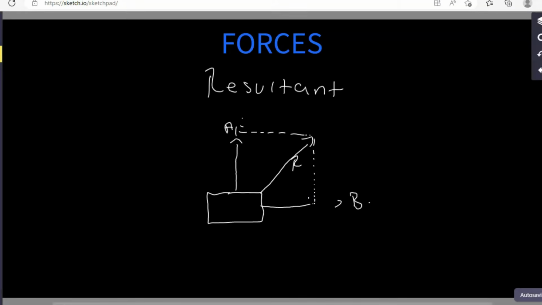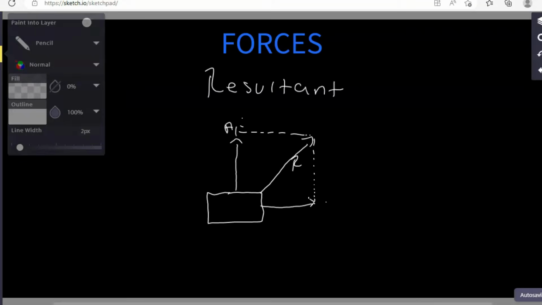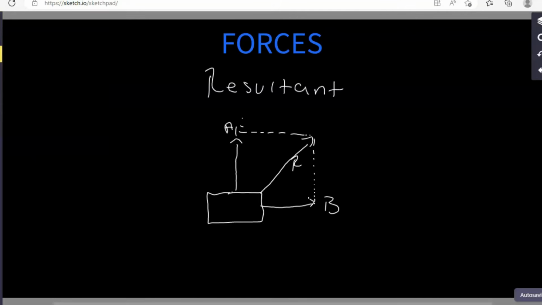Force P is like that. We have to complete the parallelogram, and let's name this the vertical component and this the horizontal component. Why? Because this line is vertical, this one is vertical, and this line is horizontal. Therefore, we say this is the vertical component and this is the horizontal component.